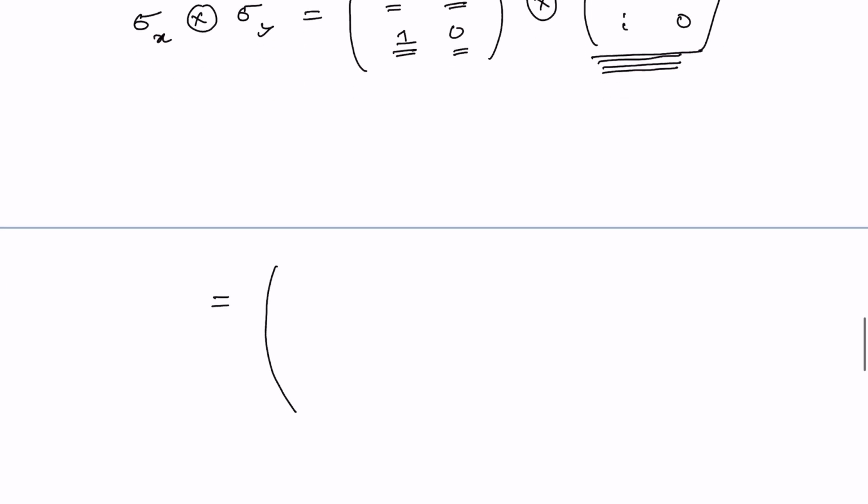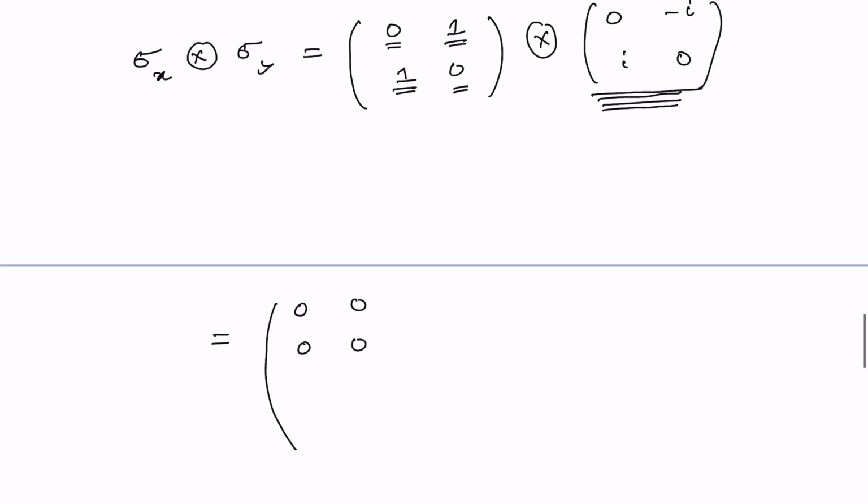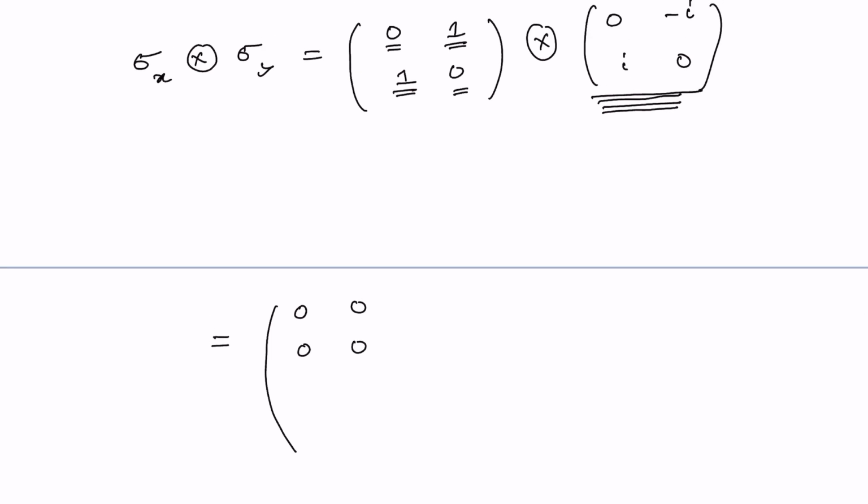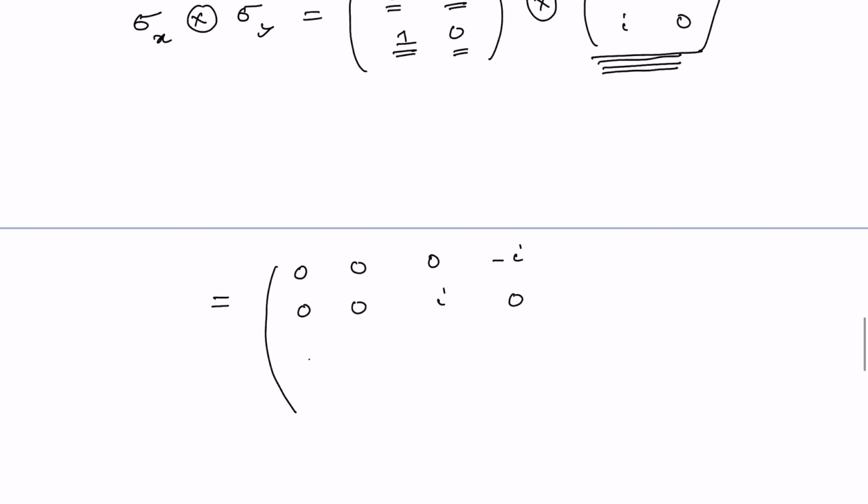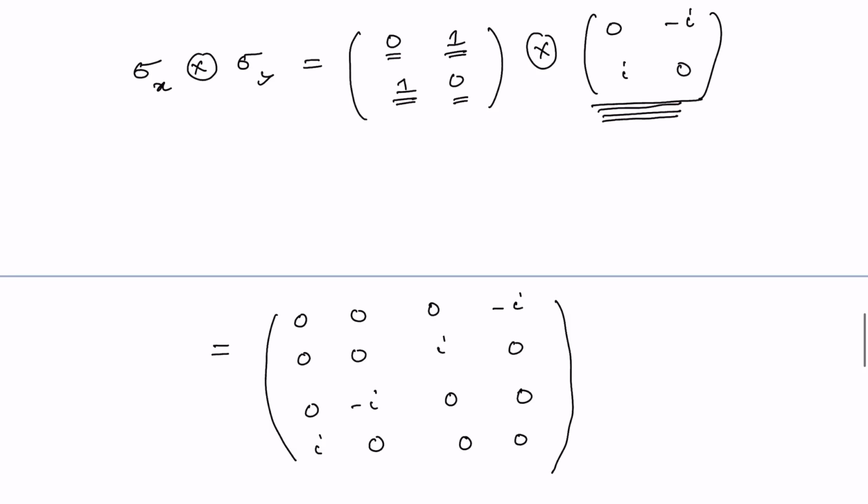It is multiplied by 0, so 0 0 0 0; here 1 is there, so it would be 0 -i, i 0; and again you will have 0 -i, i 0; and finally you are going to have 0 0 0 0. So this is the tensor product of sigma x and sigma y. I hope you get the idea.